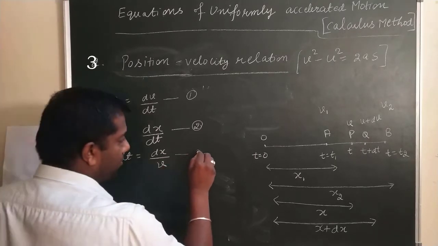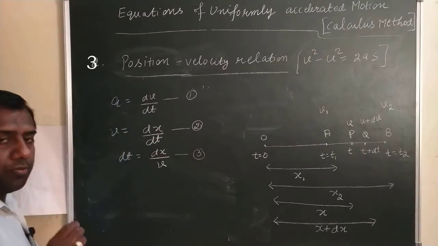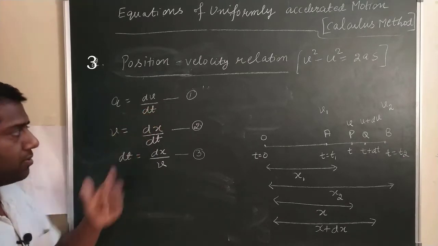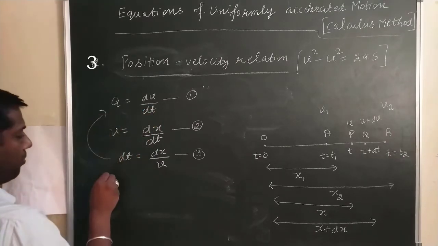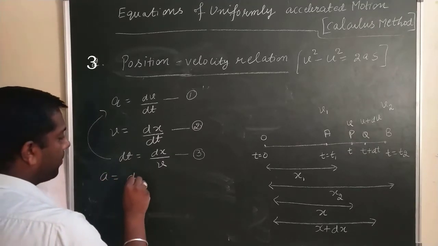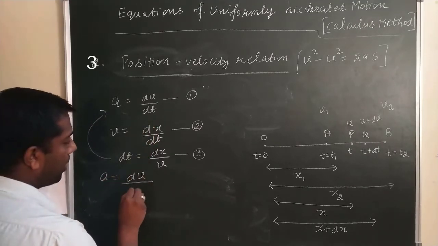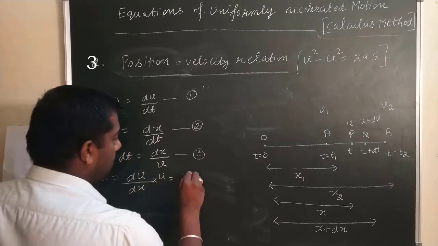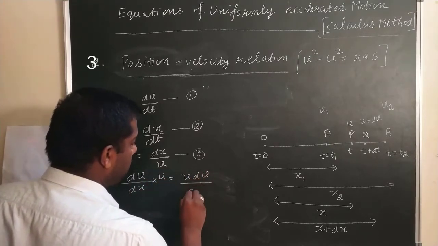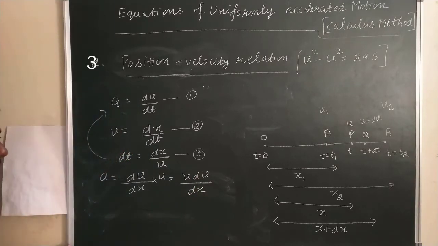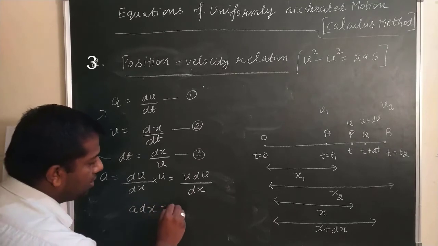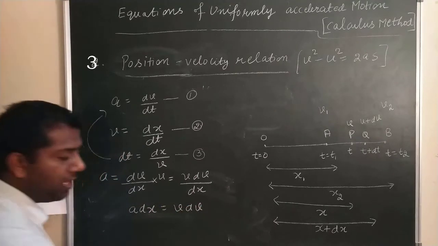So this is equation number 3. So we will use the value of dt in equation number 1. So a is dv by dx into v, meaning v dv by dx. So by cross multiplication I can write a dx equal to v dv.